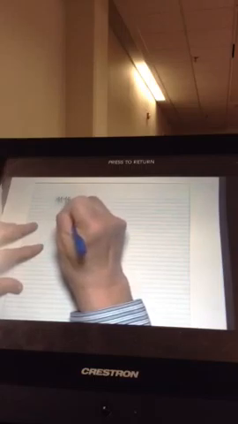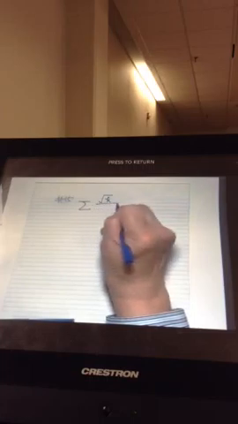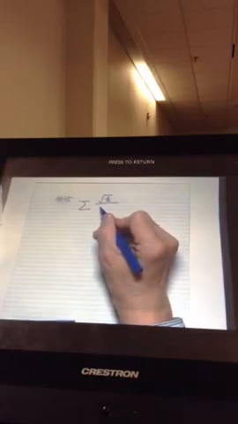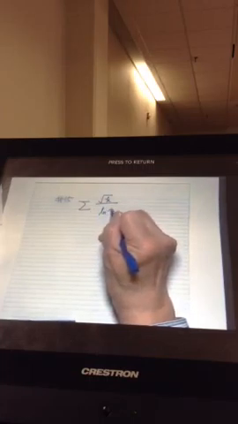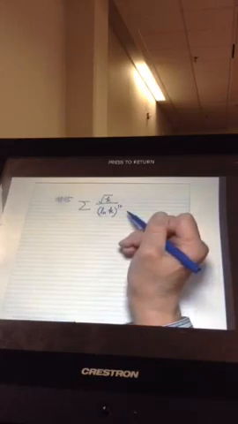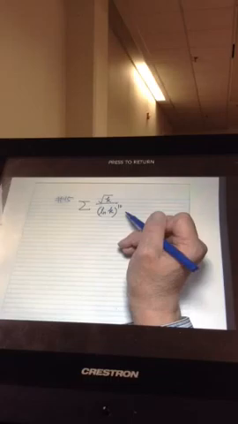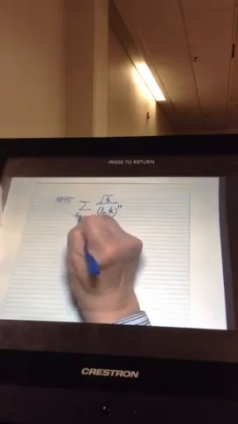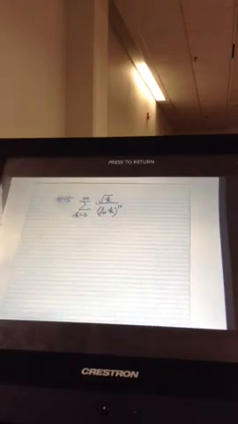Back to number 15. The series, the kth term is square root of k divided by natural log k to the 10th power, right? K is from 2 to infinity. Okay.